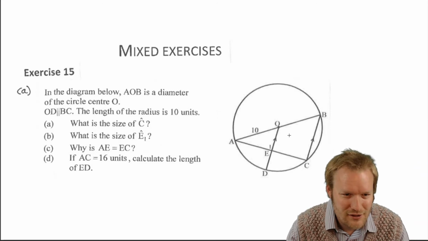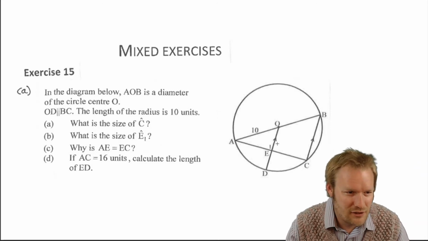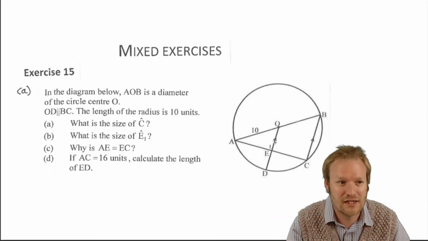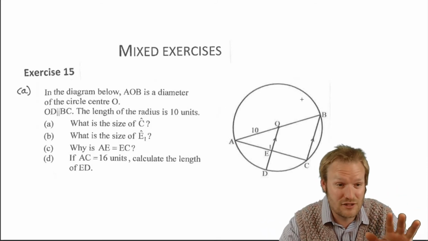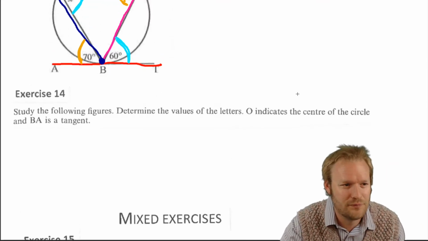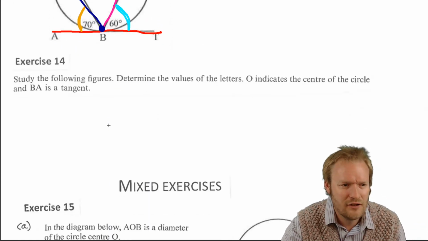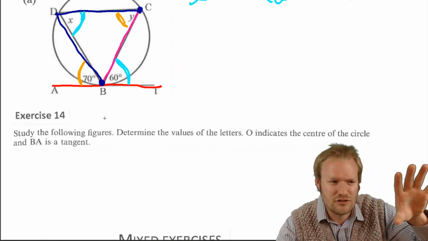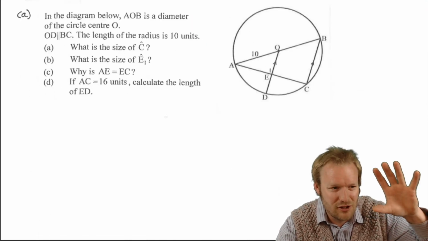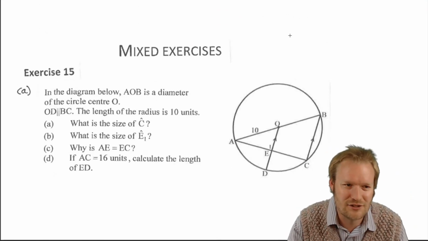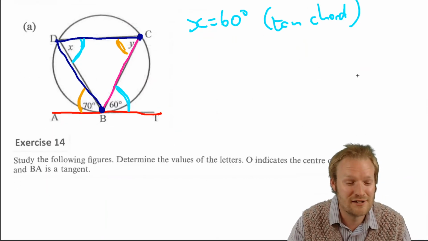We've got things going from 90 degrees to centers, and this is where it gets really interesting because we're drawing on all the theorems we've learned. Exercise 14 is just on tangents. So start with the tangents and then really get into these mixed exercises, because that's where life gets exciting.